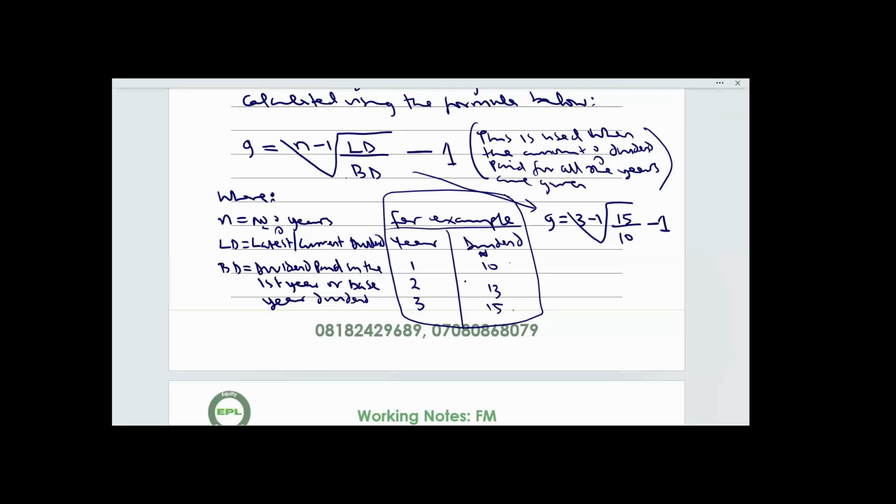If you are not good in using the second function in your calculator, you can just convert this one. I can say G is equal to 15 divided by 10. That should give me 1.5. I will say 1.5 raised to power 1 over 2, since 3 minus 1 is 2, minus 1.